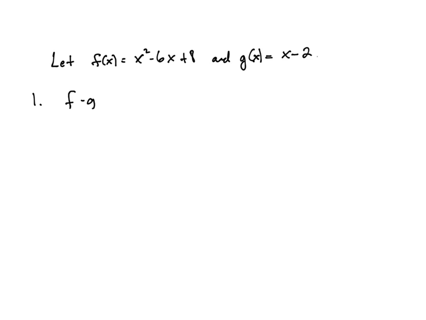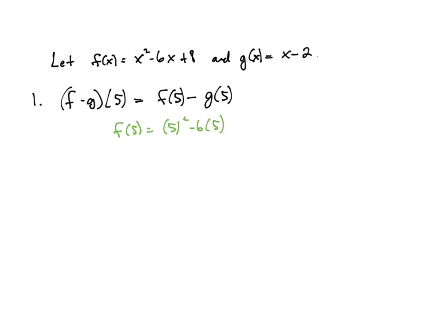If we see f minus g of 5, what this means is find f of 5, subtract g of 5. So f of 5, we have 5 squared minus 6 times 5 plus 8. We get 25 minus 30 plus 8.